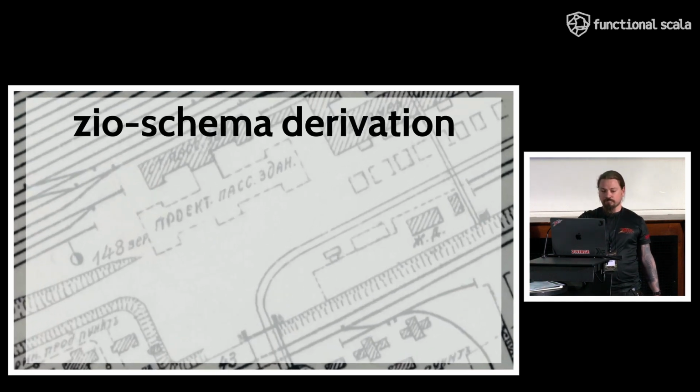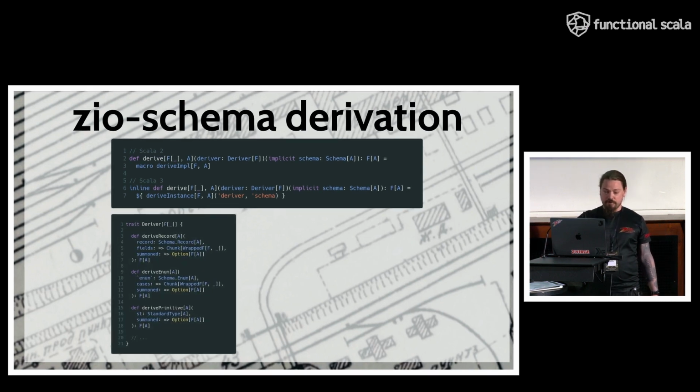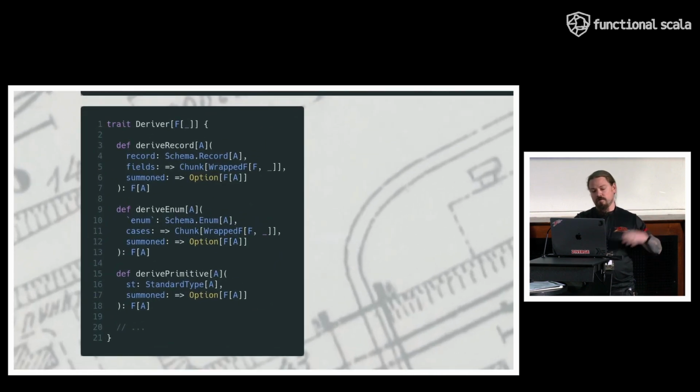And yeah, it's a macro, or it's two macros, one for Scala 2 and one for Scala 3. It takes a type class type, something that's called a deriver for a given type class. And it requires that you already have a schema for the type A. And the deriver itself is what you have to implement for your type class, and it's just a couple of methods that you have to override, like derive record, derive enum, and so on.